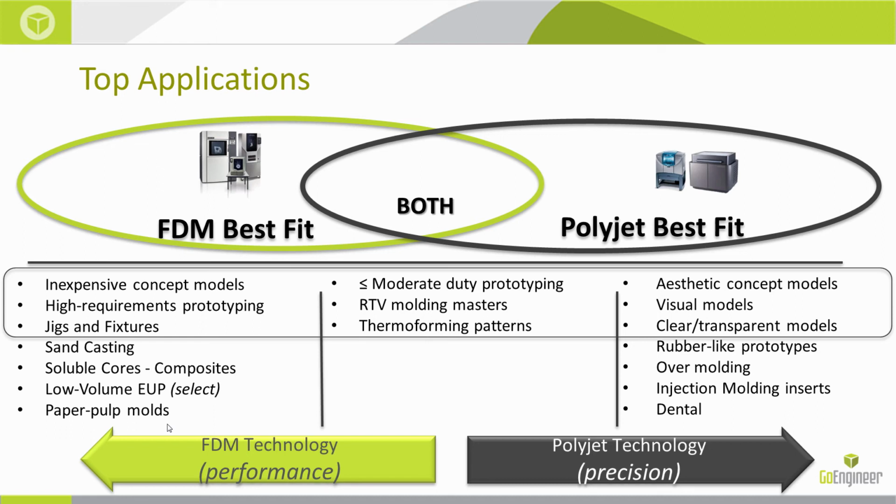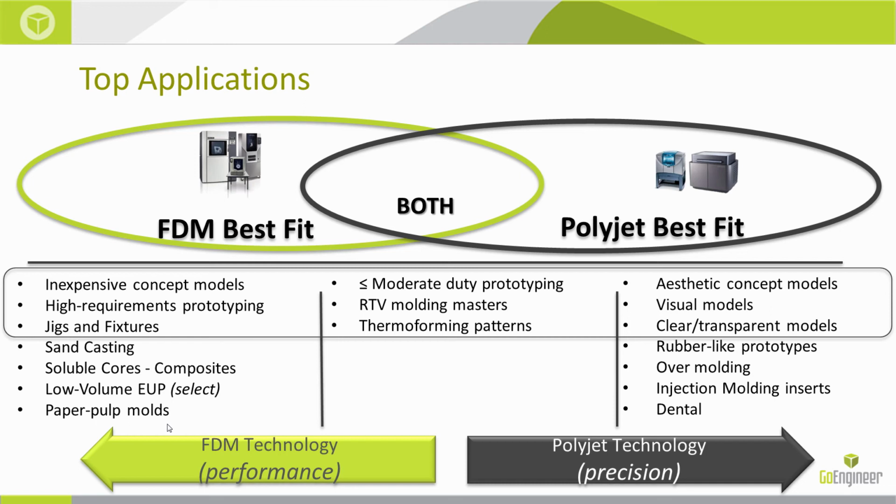That's the ability to print completely clear or transparent models. Also, rubber-like prototypes if you're going to simulate any overmolding or injection molded inserts or soft touch surfaces. And also, dental applications are really a PolyJet technology because of the accuracy needed and the smoothness needed.